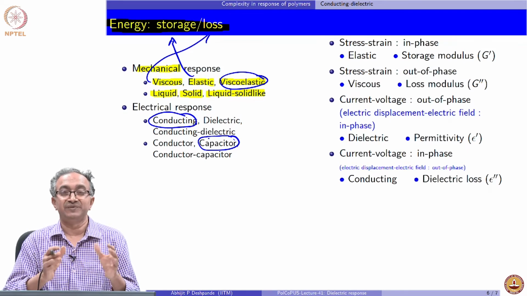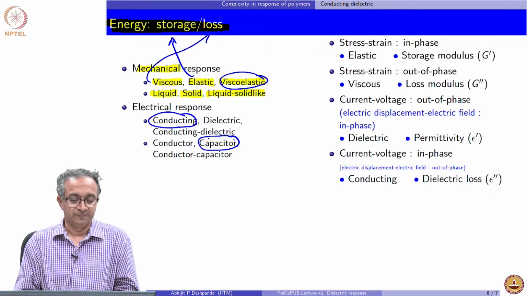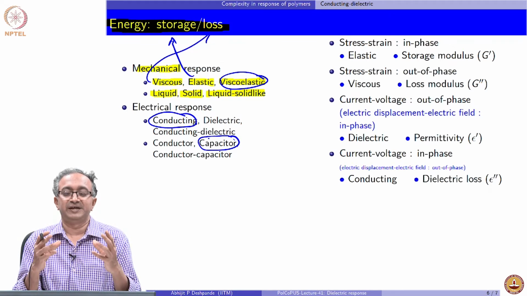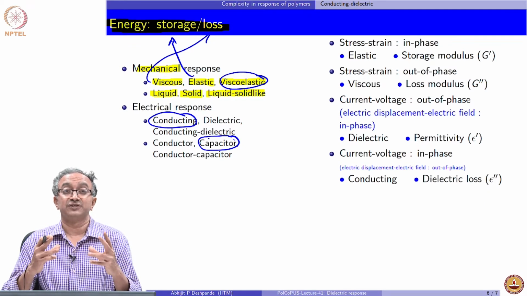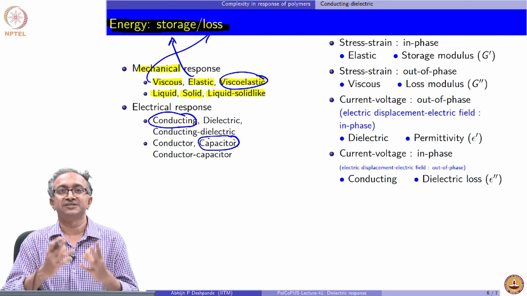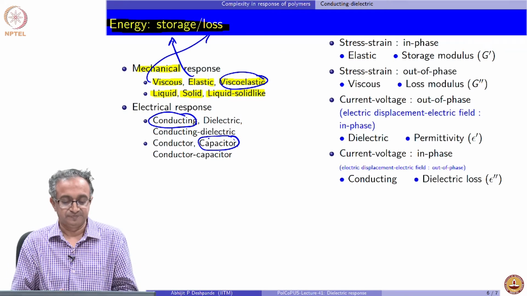So, therefore, we can think of very different phenomena by analyzing this energy storage and loss. In case of elastic materials, basically atoms and molecules get displaced by changing the interaction energy between these atoms and molecules and store the mechanical energy which is applied. And when we release the strain, basically the strain energy gets back and we get the equilibrium structure back.